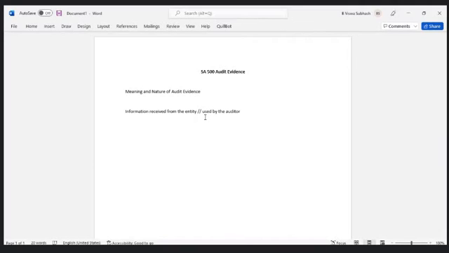Why do we say or used by the auditor? Because if I am trying to give a disclaimer on going concern, then there is a particular standard which I'm talking about, and I will refer to this particular standard and say this is the reason.